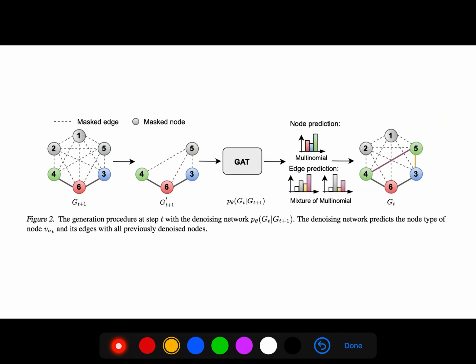So now you see the generative procedure at step t with the denoising network. The reverse one is what you want to learn. You have some parameters, theta, for this graph attention network, which is your denoiser. You want to understand what is G_t given the condition G_{t+1}.